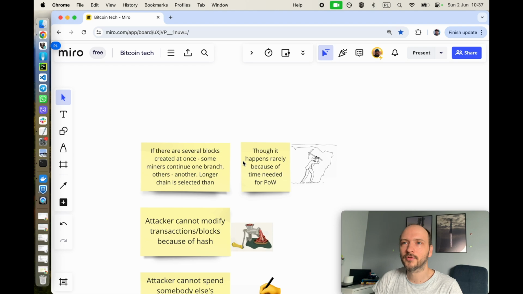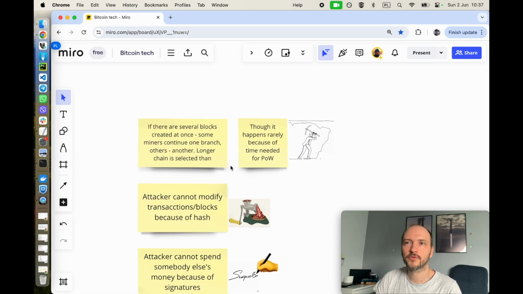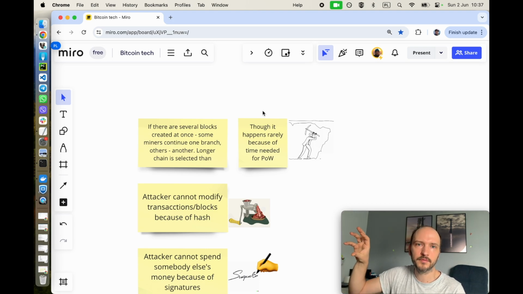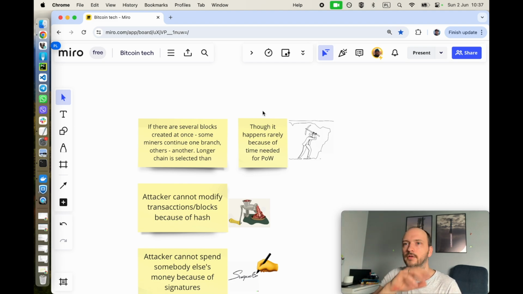And let's review some properties of that. For example, if several blocks are created at once, some miners continue with one branch of the chain and some continue with the other. The rule is that the longer chain is selected. So if some group of miners produces a second block, then the other group of miners just accepts this alternative branch because it's longer.